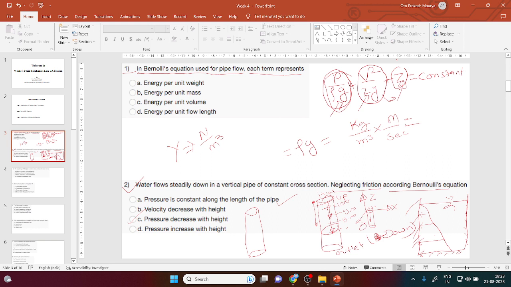The kinematic head, that is the velocity, is half m v square. And z1 is the potential head, rho g h. So these terms are all energy. That's why we say the total energy is constant.